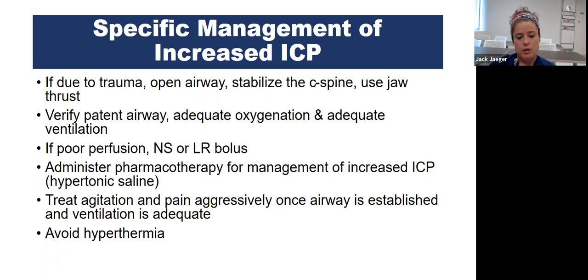Administer pharmacotherapy that specifically manages ICP, like hypertonic saline. And then treat agitation and pain aggressively once their airway is established and ventilation is adequate. So once they're intubated, you really need to knock out their agitation and keep their pain under control, or that's just going to increase the ICP more. And avoid hyperthermia. Again, we want to normalize that temperature.